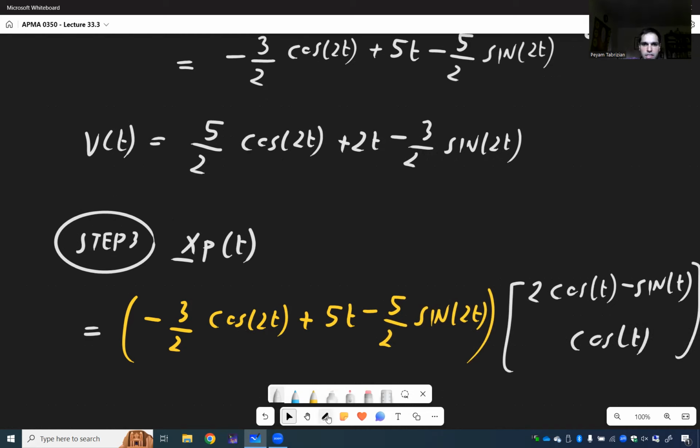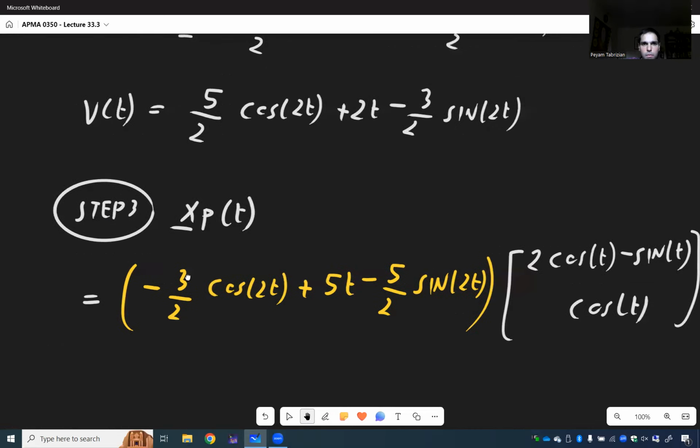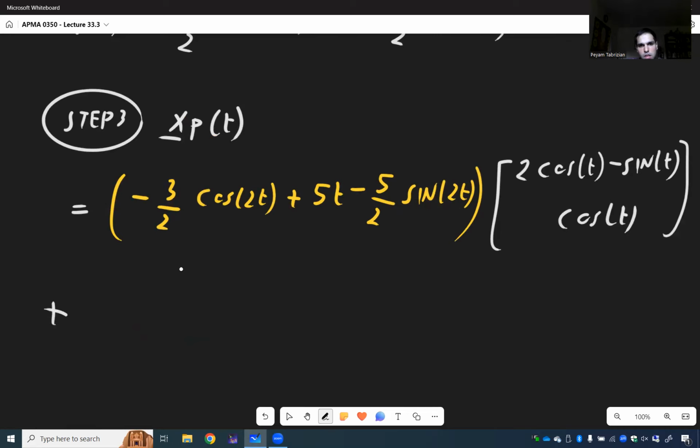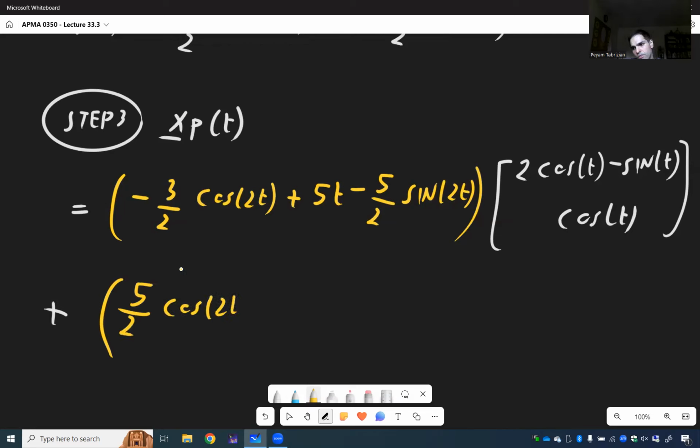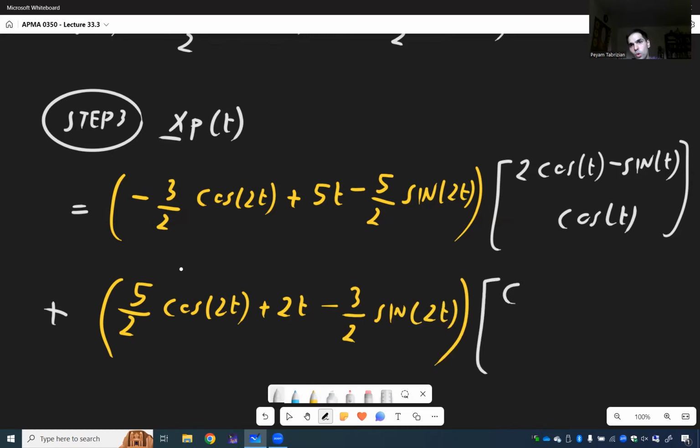And so that is u, and then same spiel with v, plus 5/2 cosine of 2t plus 2t minus 3/2 sine of 2t, and then times the second vector, so cosine of t plus 2 sine of t, and then sine of t.